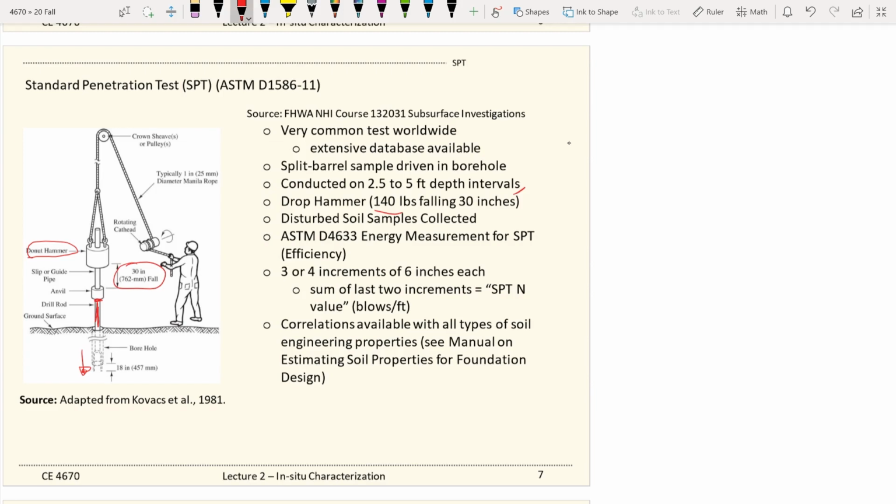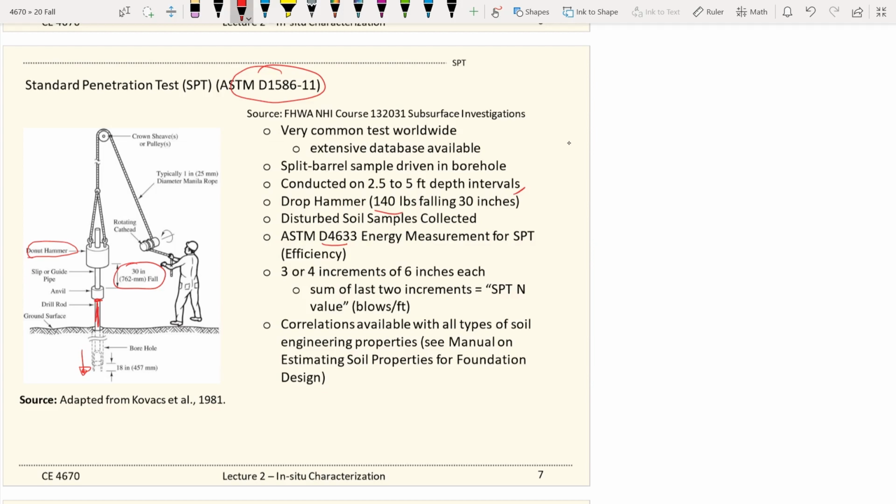You can collect disturbed samples, and on some occasions, with advanced equipment, you can even collect so-called undisturbed soil samples. And there is another ASTM standard, in addition to the standard D1586, ASTM D4633, that describes the energy measurements for SPT. We will talk about this in more detail in later slides.